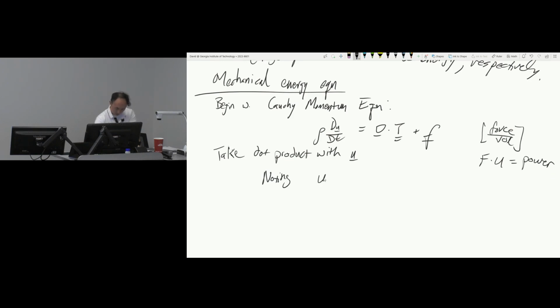And we're going to use this idea that, because the density for an incompressible fluid doesn't depend on time or space, we can write this like this.